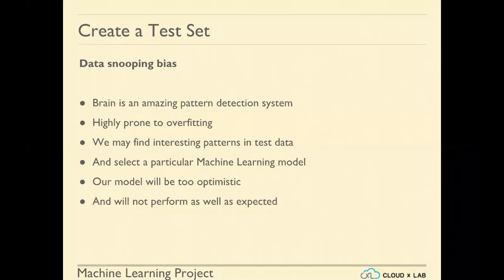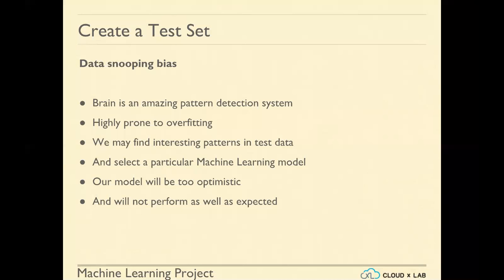So we'll look at the data and try to fit it. We might end up going with a particular machine learning model and so on. When we keep looking at the data as a whole, we end up with snooping bias.